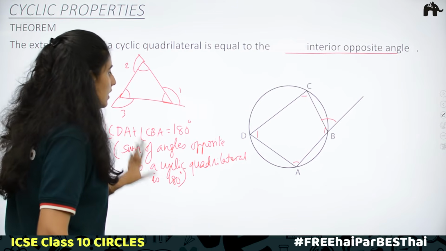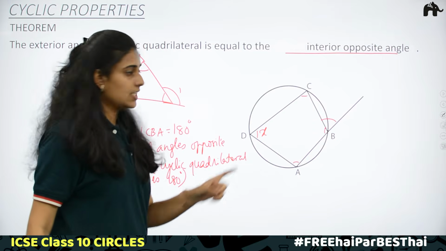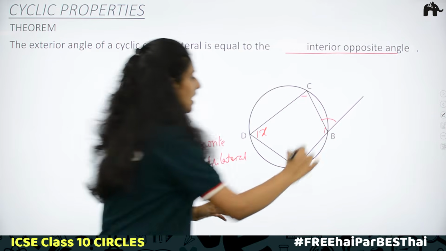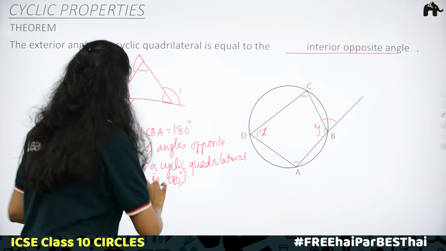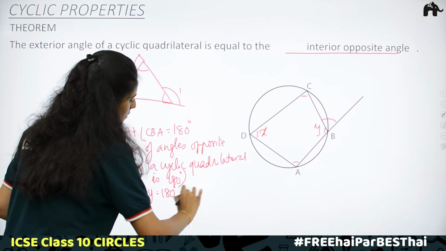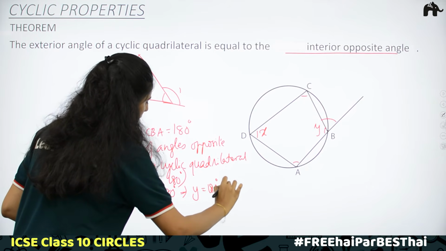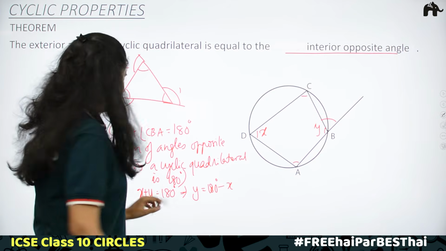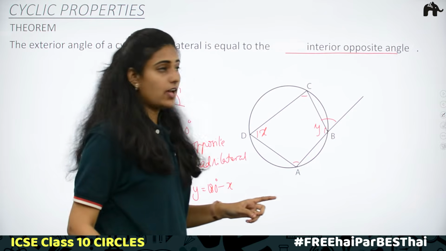Okay. Now, this angle I am taking as some x, and this angle as y. We have x plus y is equal to 180 degrees, which implies y is equal to 180 degrees minus x. Now, when I take this straight line, you have two angles.